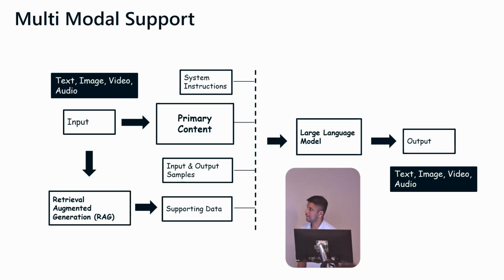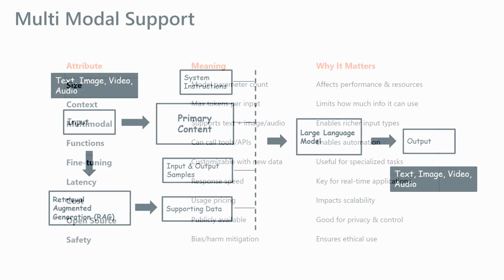Okay, so the models are not just limited to text, they are evolving, and now we have multi-modal support, which means you can input using text, image, video, and audio, and also it can generate text, image, video, and audio. So the models are also evolving, and you can deal with most of these media types.